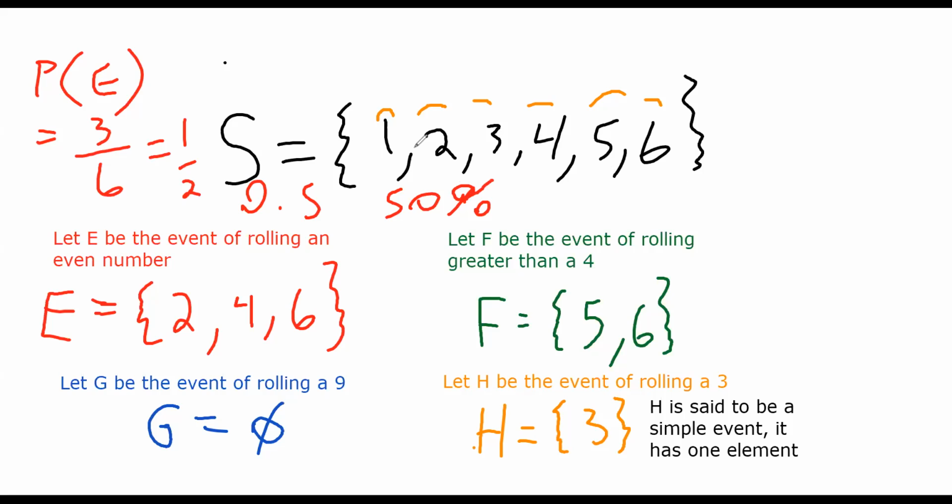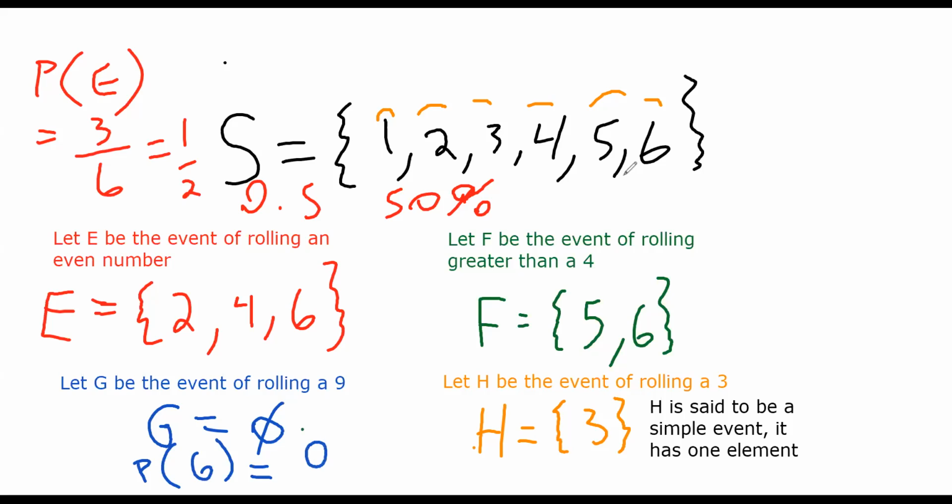The probability of the event F would be 2 of the outcomes are in F out of 6, 2 over 6, which is 1/3. So there's a 33.33333% chance of getting F to occur. The probability of G, let's use blue. The probability of G is the empty set.